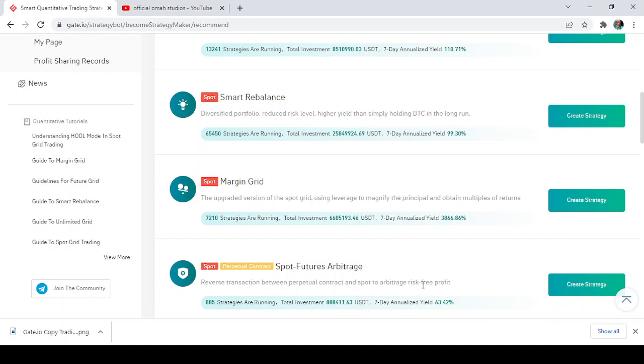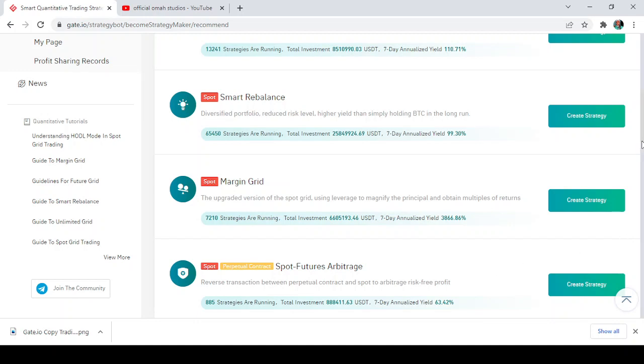But the cryptocurrency market, an emerging investment space, is experiencing rapid growth and has challenged the laws of traditional finance markets. Quantitative trading mechanism contradicts this golden rule, in which high returns are only achieved by taking high risk. So guys, the spot futures arbitrage reverses transaction between perpetual contract and spot to arbitrage risk-free profit.